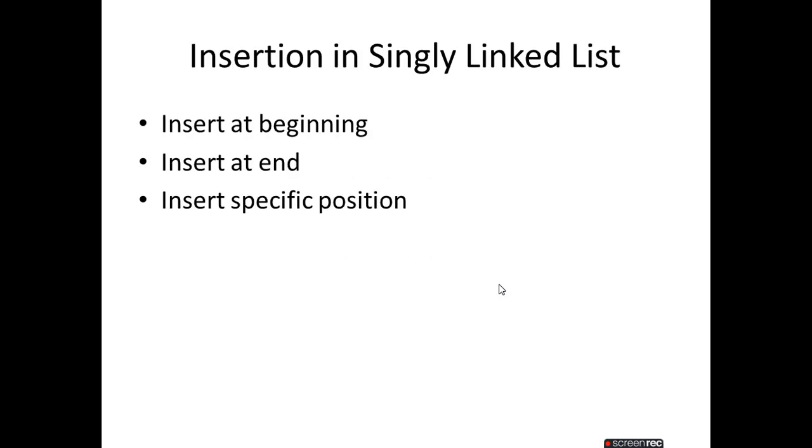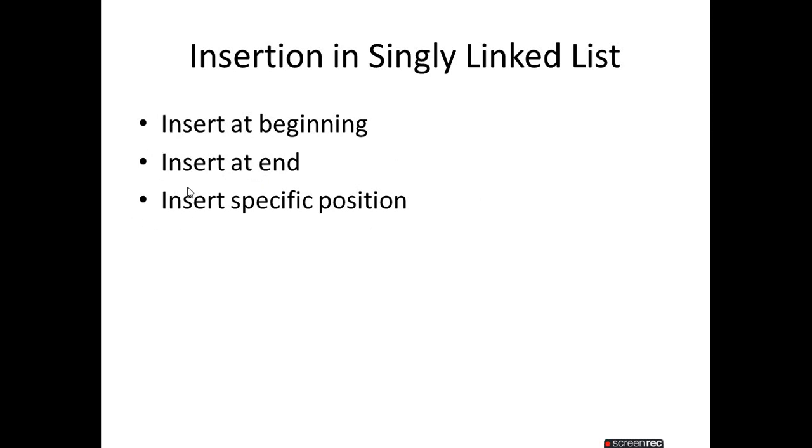I will show you how to insert a node in a single linked list in three ways. First is insert at the beginning, means the first node. Insert a node at the end of a list.